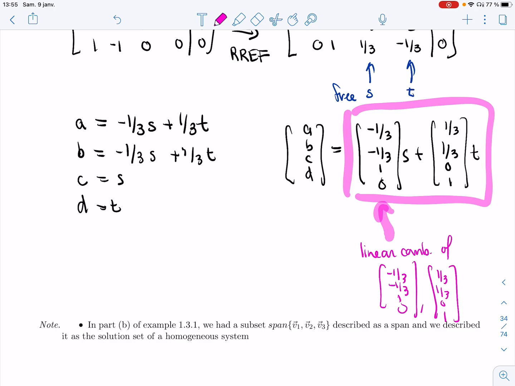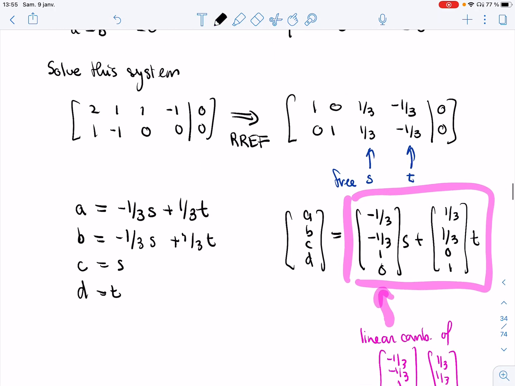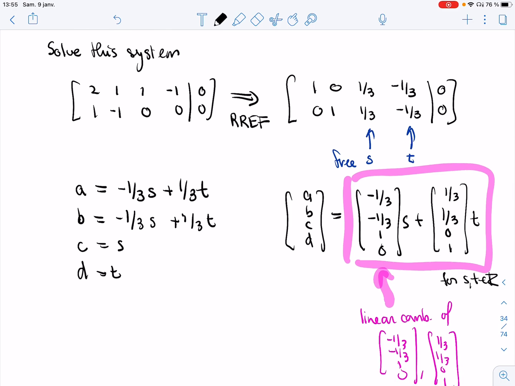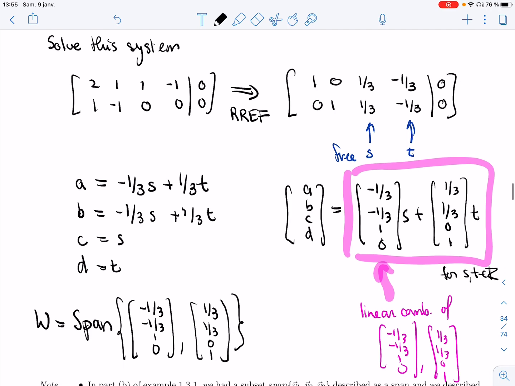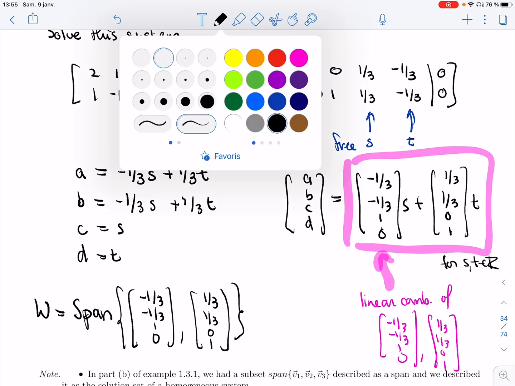And so if I want to write the whole W as a span, I'm just going to let s and t go over R. And if I let s and t span the whole R, then what I'll get is that W is spanned by the two vectors. And so that's the answer.